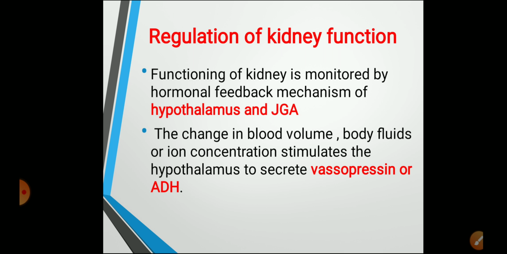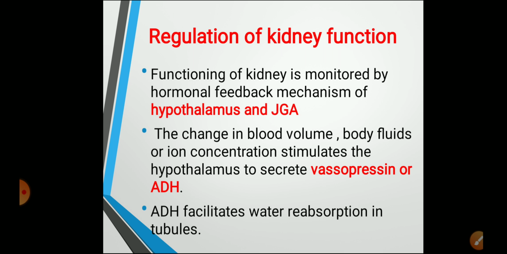The full form of ADH is anti-diuretic hormone. So whenever there is a change in the blood volume, body fluid volume or ion concentration, immediately the hypothalamus gets stimulated and secretes vasopressin.